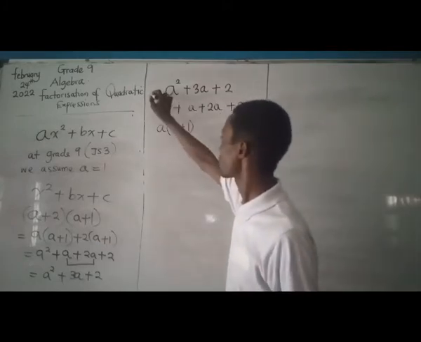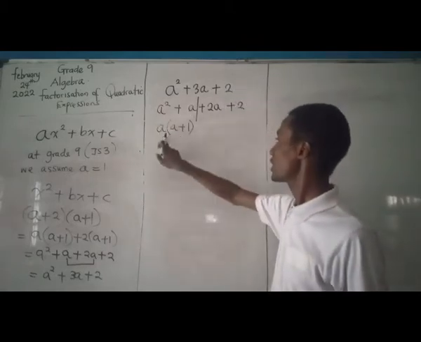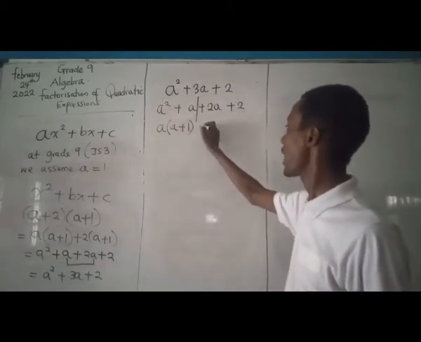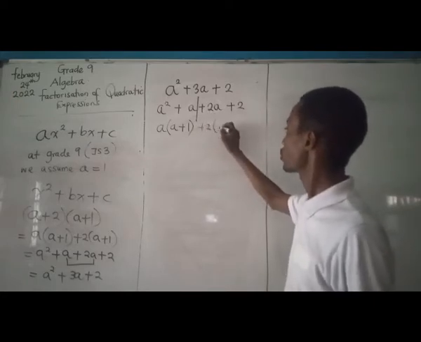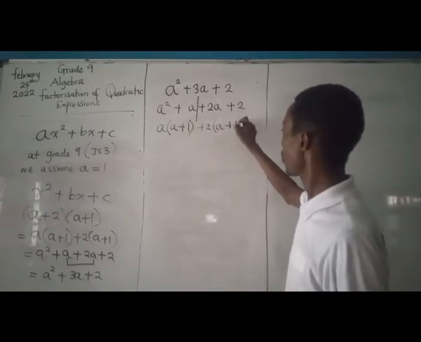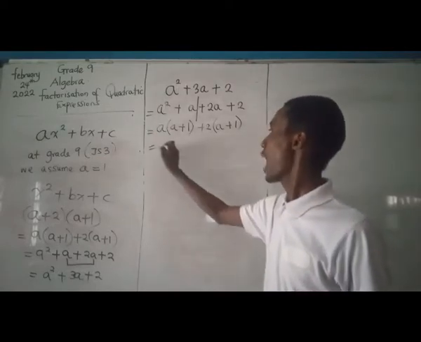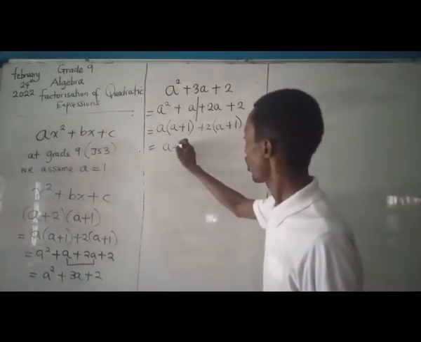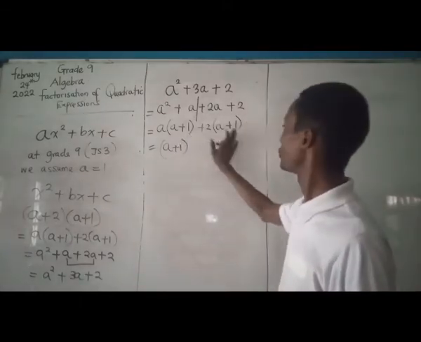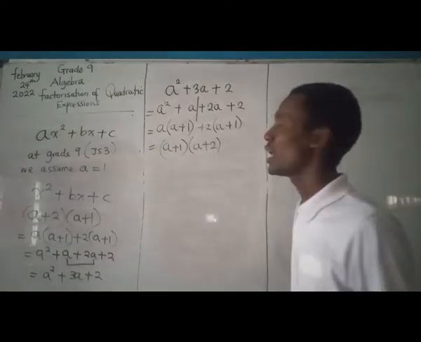I separate them at this point, so I have a into (a plus 1), plus 2 into (a plus 1). Then what is common here? (a plus 1) is common. And finally, I'm going to have (a plus 2).